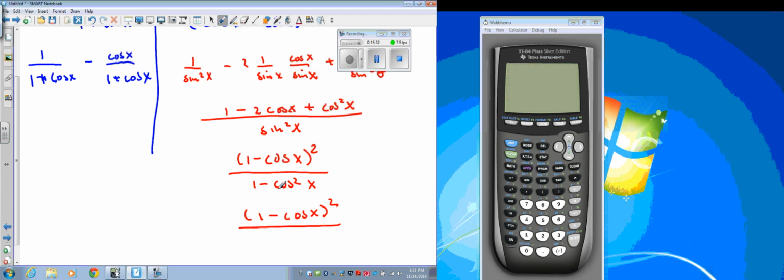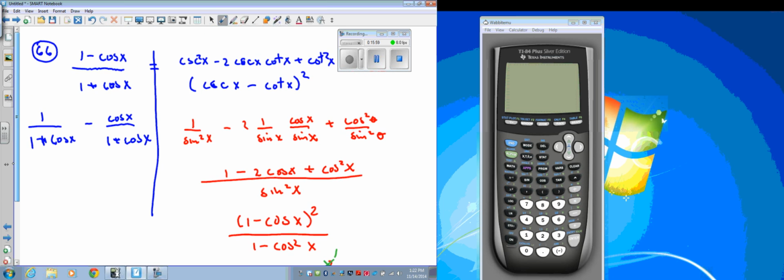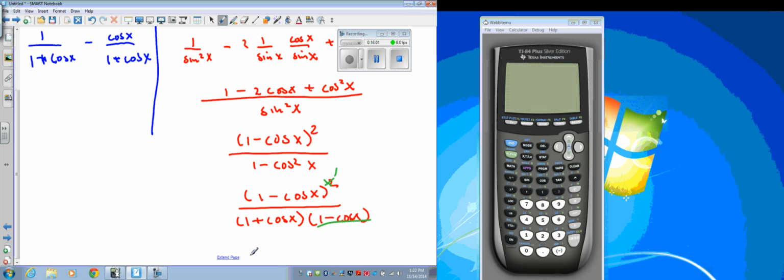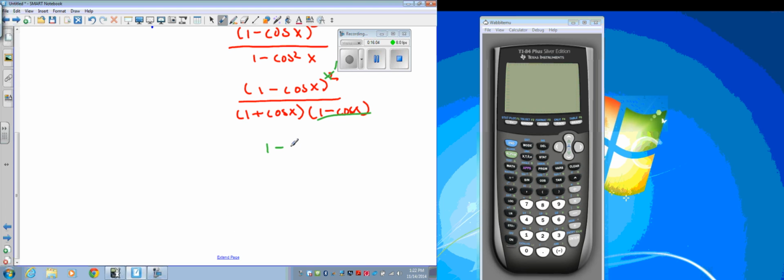This is a difference of squares, so I can factor it into 1 plus cosine x, I'm getting really close here, 1 minus cosine x. Correct? And then notice this cancels with one of these and makes this to the first power. And there it is. That's that first thing right up there, right? I have 1 minus cosine x over 1 plus cosine x.